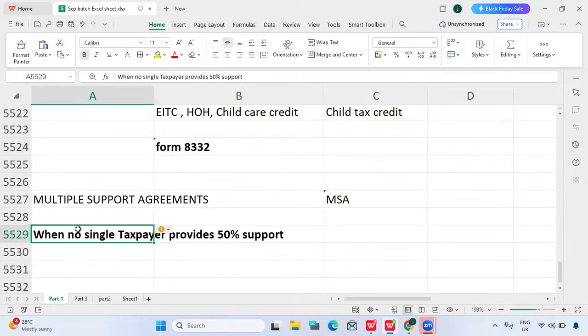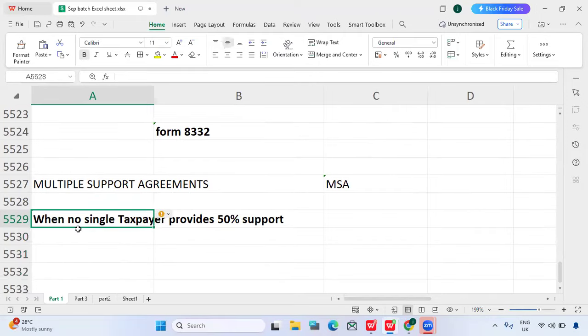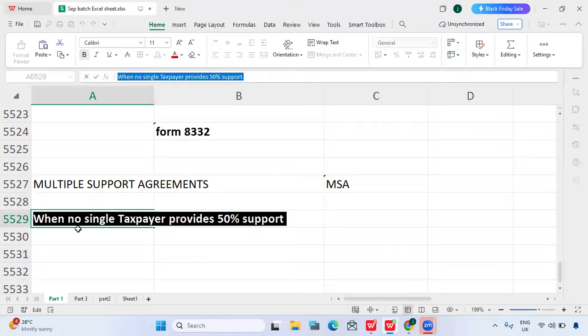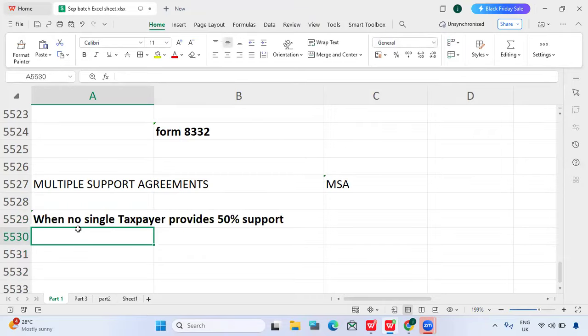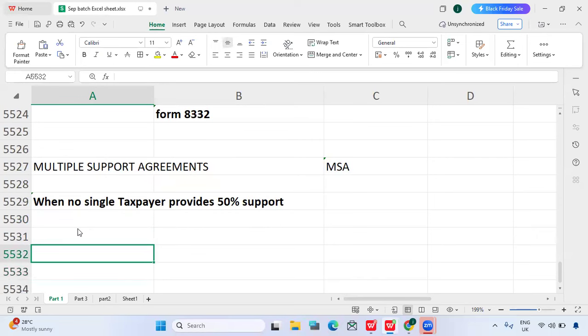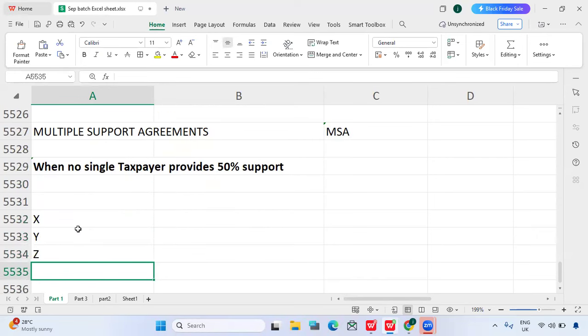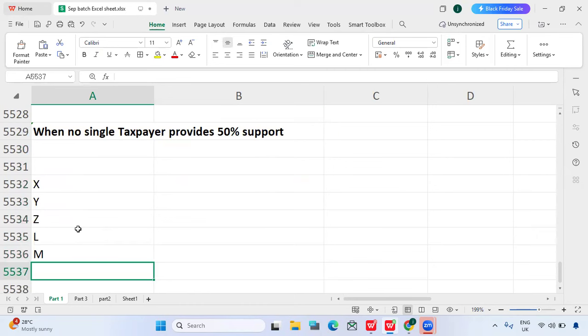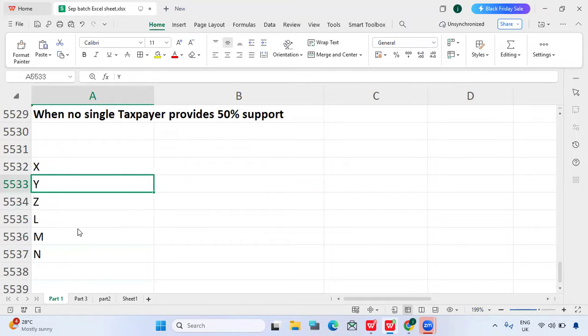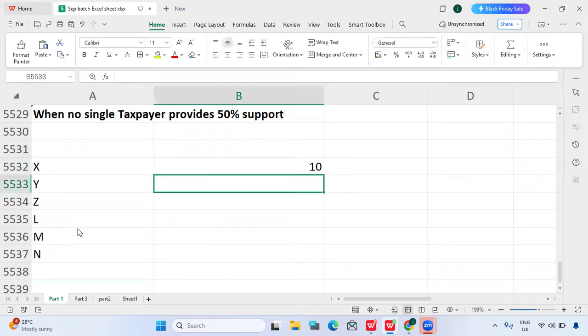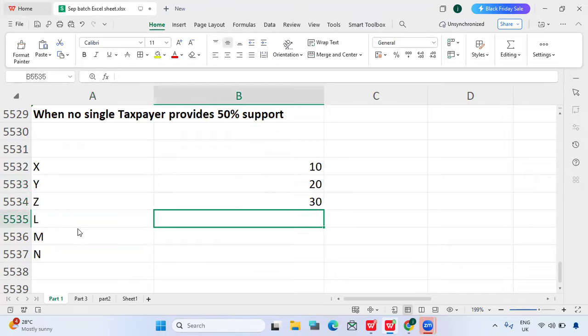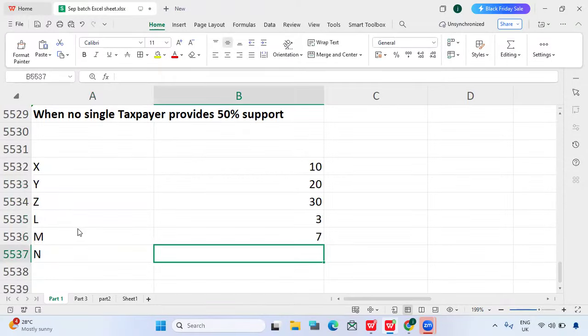Guys, getting it? So in that case, we can see MSA, multiple support arrangement. When no single taxpayer provides 50% of the support, then we can use it. Let's say we have X, Y, Z, L, M, N. X is providing 10%, 20%, and 30%, and 3%, 7%, and also 22%.